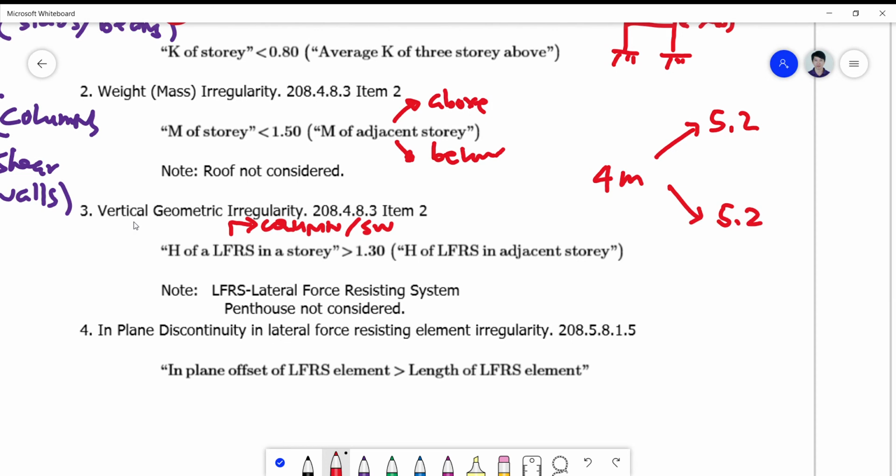What the code says is that if you don't want to be adding burden to your computation and analysis, you just stick to the code, because the code primarily collected some information about restricting your height changes greater than 130%.